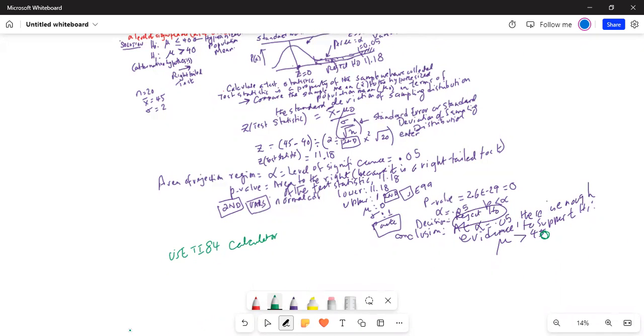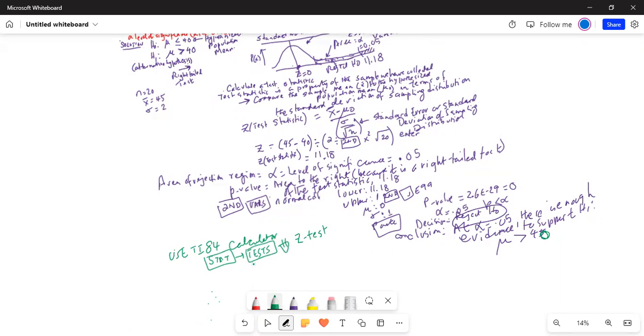So first thing we will do in the calculator, and I'm going to write it over here. Press the stat button, then highlight test on the top row, and then scroll down to z-test.